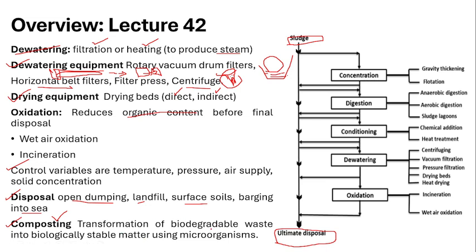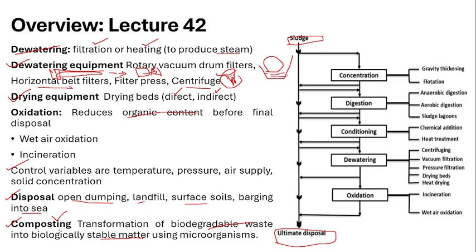The biodegradable waste matter present in the sludge can be converted into a stable matter. Over the course of time, the amount of nutrient in this waste matter will become constant and it can be used as an organic fertilizer for crop production. Okay, this is another good method of disposing the sludge material.